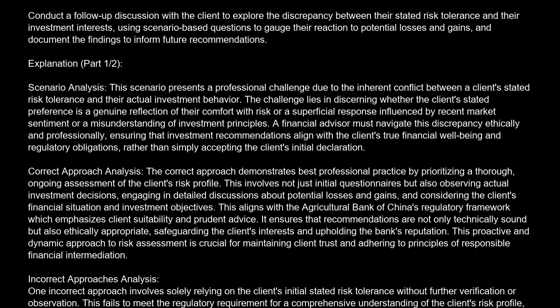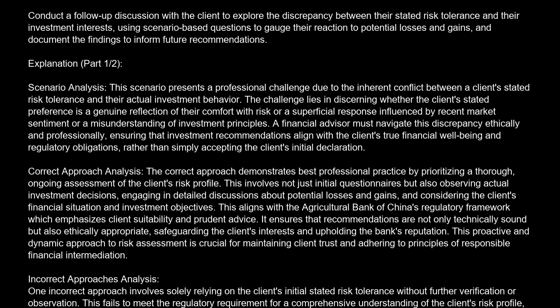This aligns with the Agricultural Bank of China's regulatory framework, which emphasizes client suitability and prudent advice. It ensures that recommendations are not only technically sound, but also ethically appropriate, safeguarding the client's interests and upholding the bank's reputation. This proactive and dynamic approach to risk assessment is crucial for maintaining client trust and adhering to principles of responsible financial intermediation.